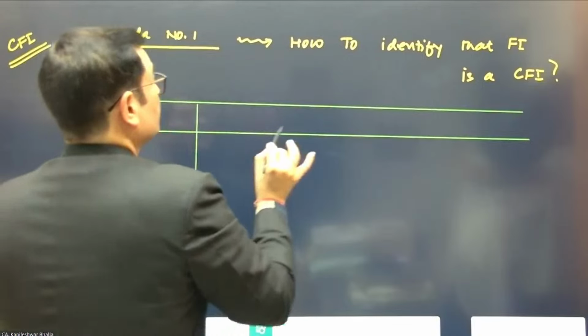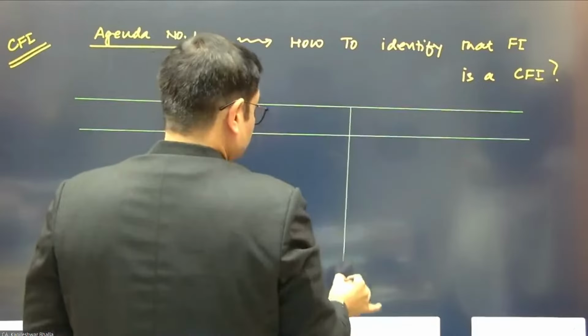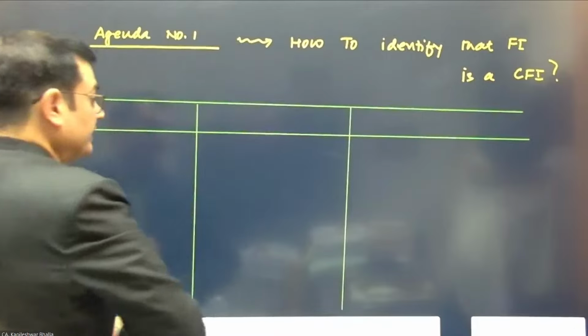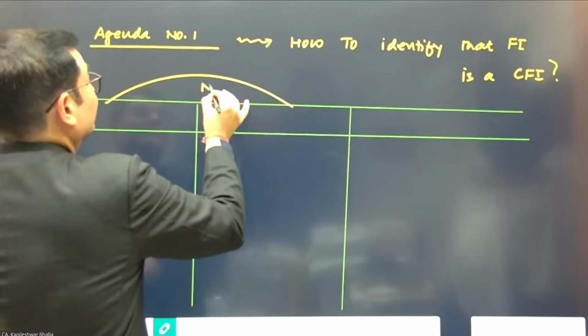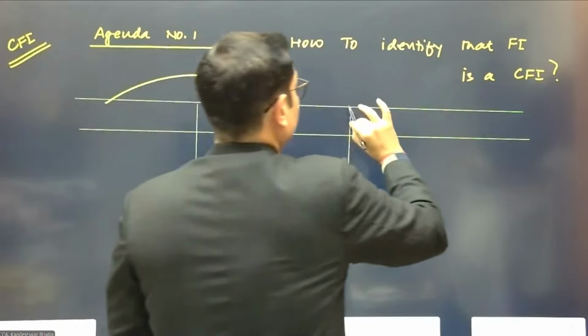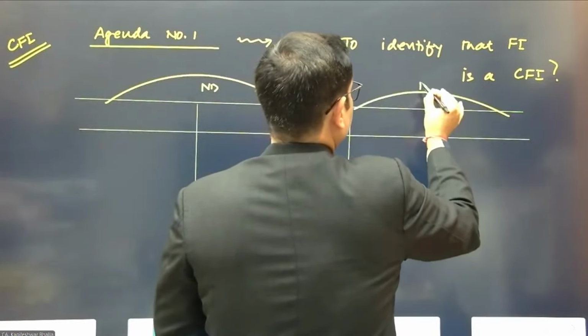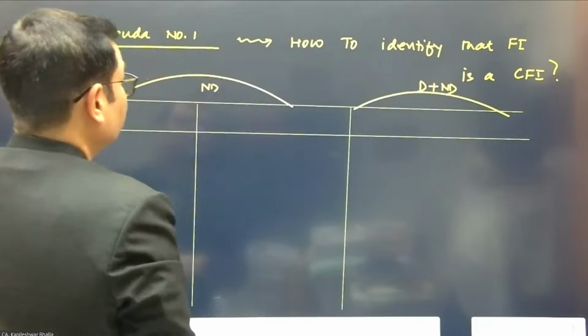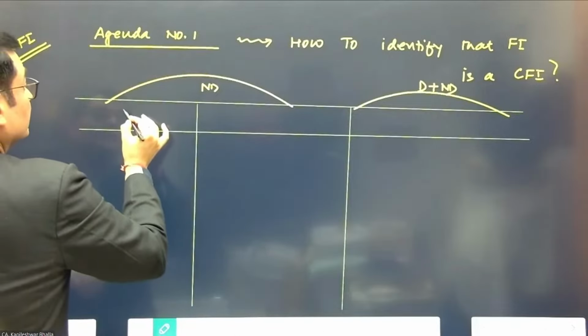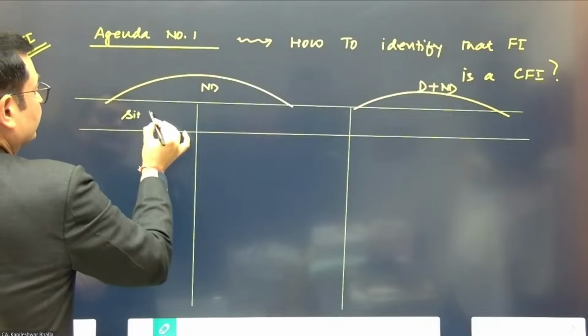And in this particular case, the combinations which I'm going to give you is broadly in 3 categories. I'll give you a combination of instruments which are non-derivative. I'll give you a combination of instrument which is derivative plus non-derivative. That's what is called embedded. So I'm giving you situation 1 here.